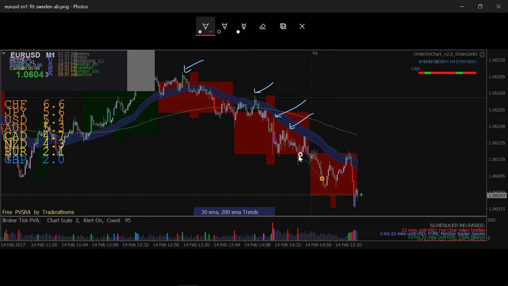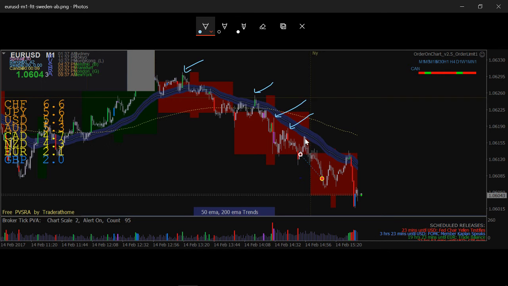Here I had another red candle, which broke these bottoms, and it made a new low. This is called the new low, so it's lower than it was before. I thought there would be no retrace, so I placed my trade here, but I was wrong.